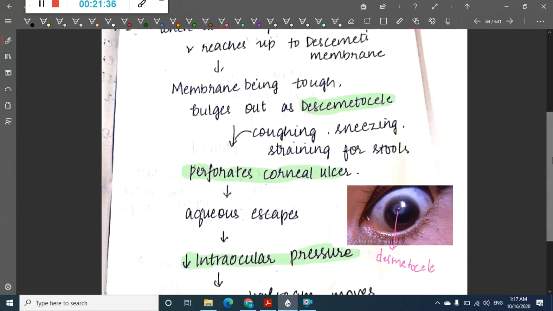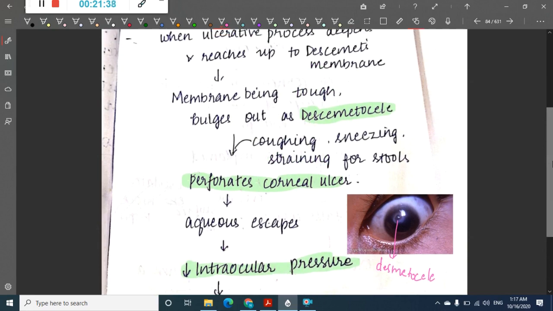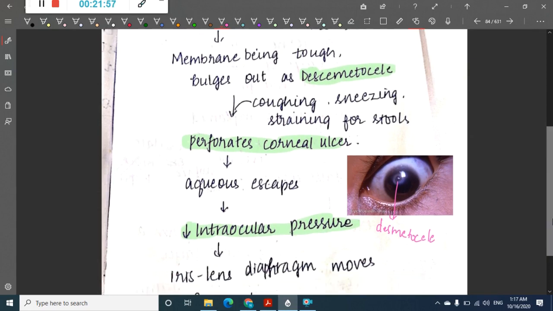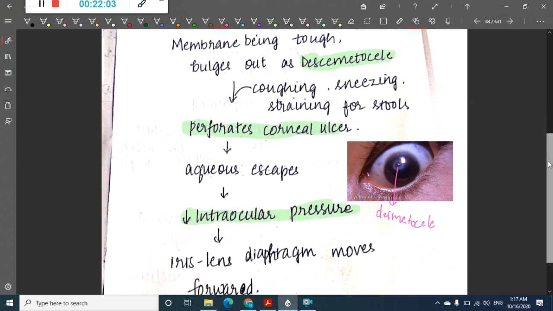Whenever there is a corneal ulcer, normally the ulcer should be only in the epithelium, right? But if it deepens and reaches the Descemet's membrane, then the Descemet's membrane bulges out like a descemetocele. Then even smaller things like coughing, sneezing or straining for stools will perforate the corneal ulcer, and as a result the aqueous in the anterior chamber will come out, decreasing the intraocular pressure.